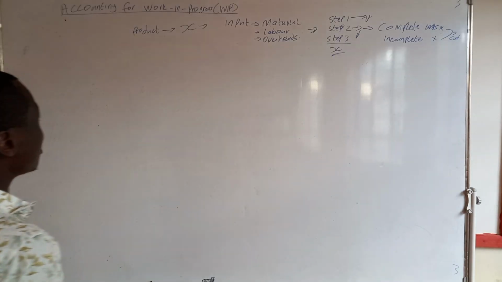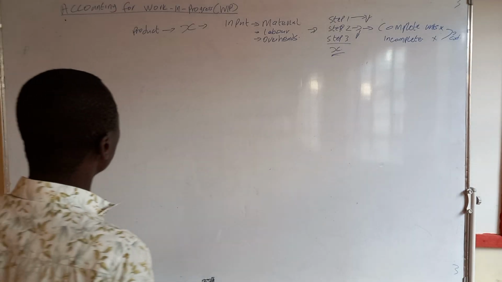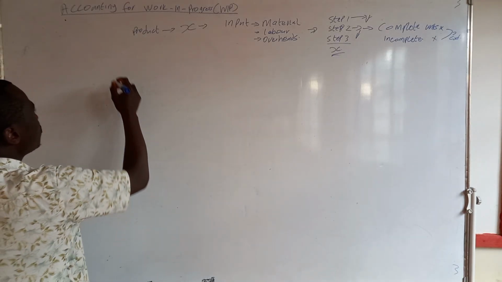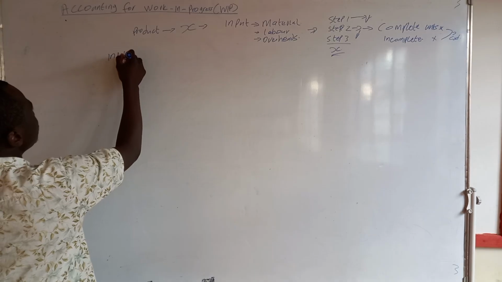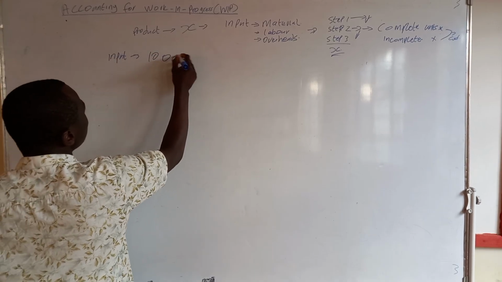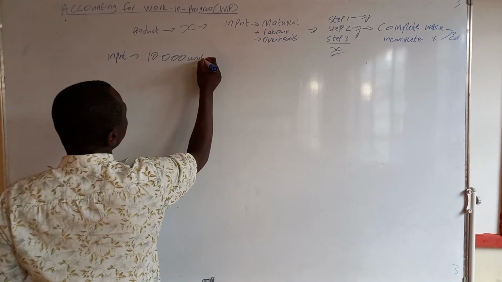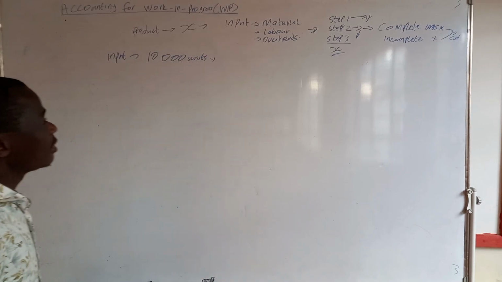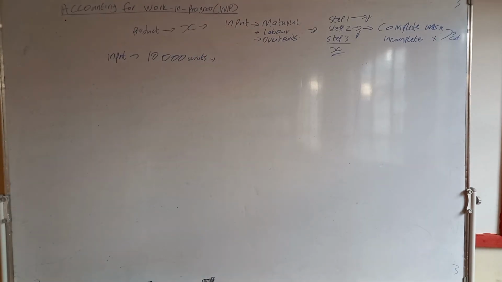I want us to look at a very simple example. For example, you had an input of 10,000 units.